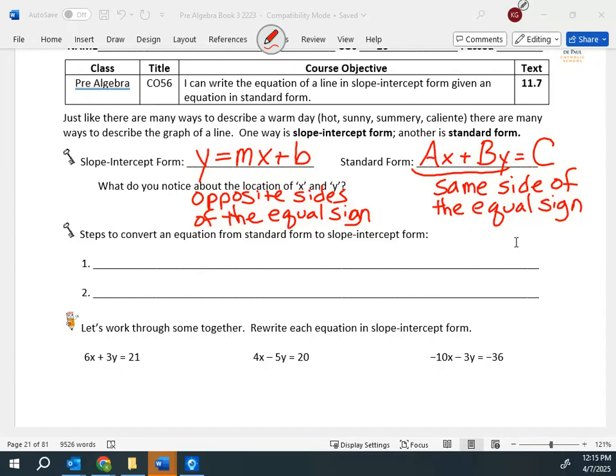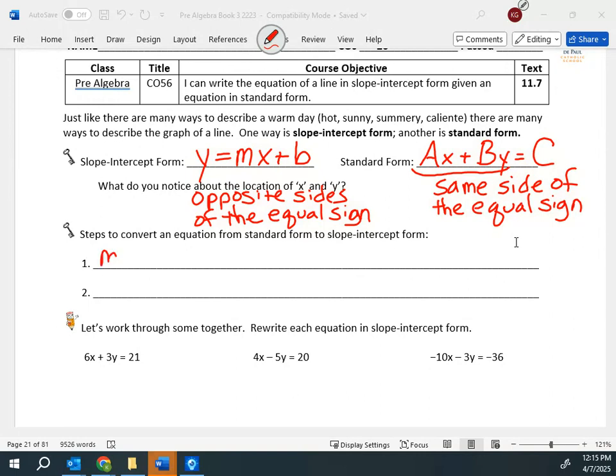We want the x and the y on opposite sides of the equal sign. Have we ever done anything moving stuff to opposite sides of the equal sign? Eleanor? Opposite operations. Right, so we're going to be using those opposite operations.